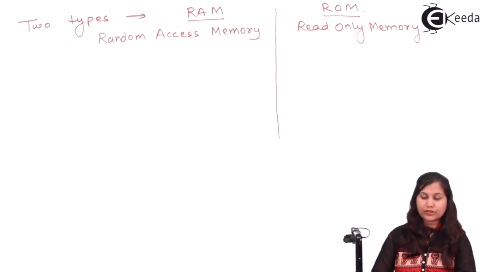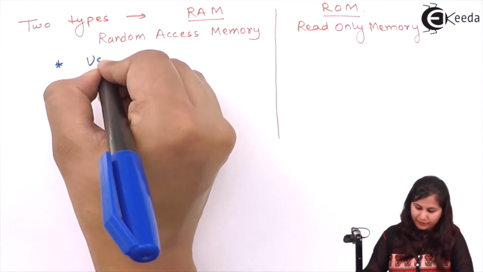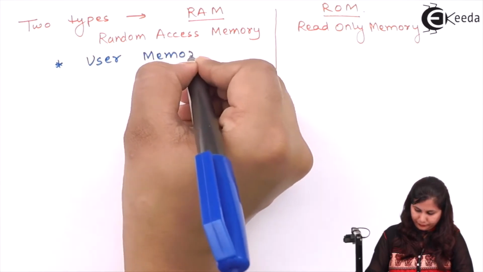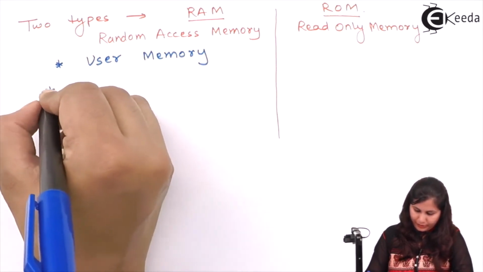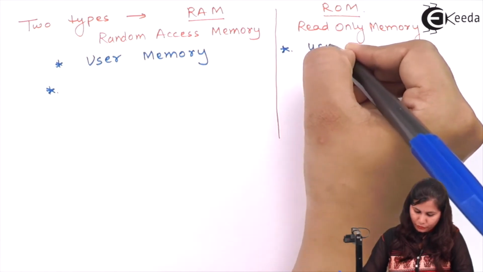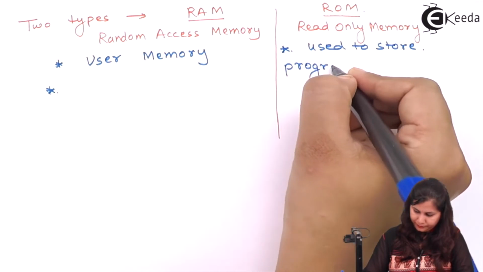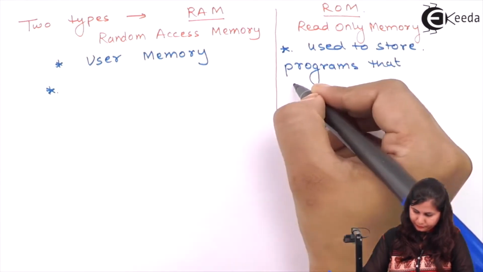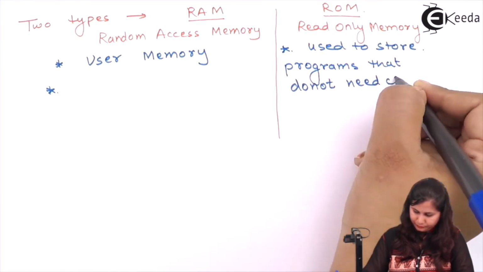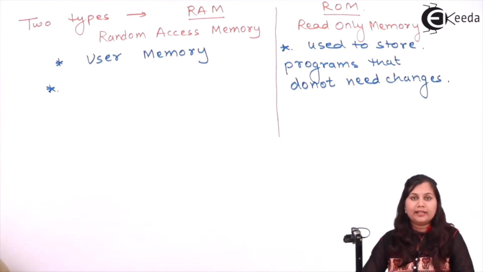Now what are the uses of the RAM and ROM? RAM is the user memory, whereas ROM is used to store the programs that do not need changes.